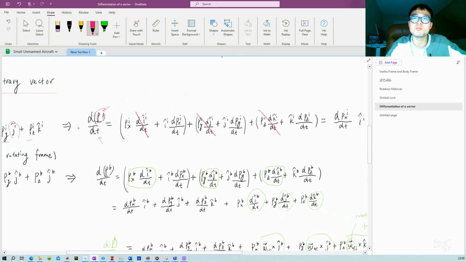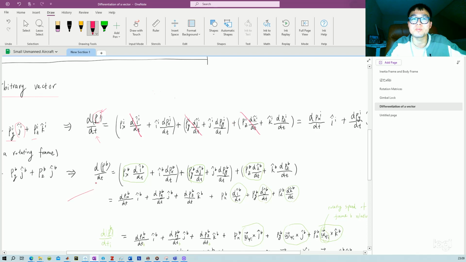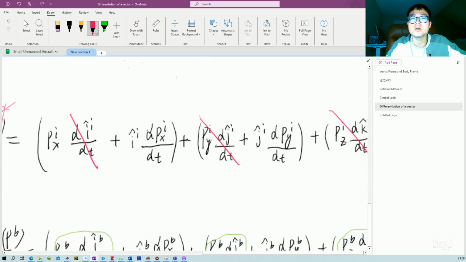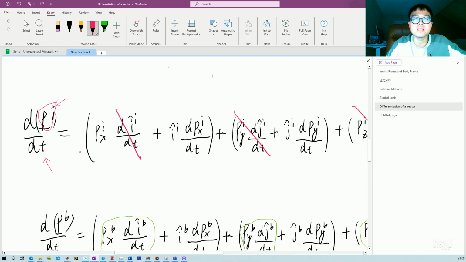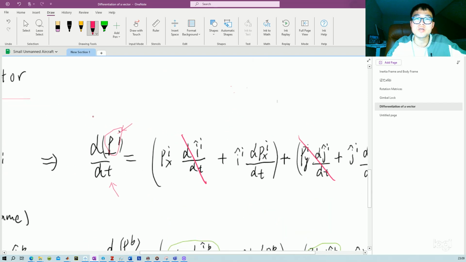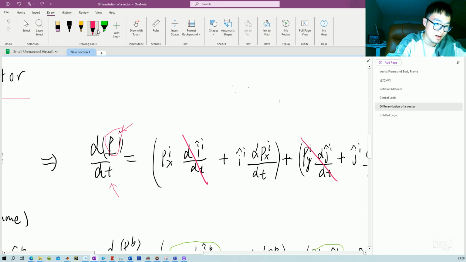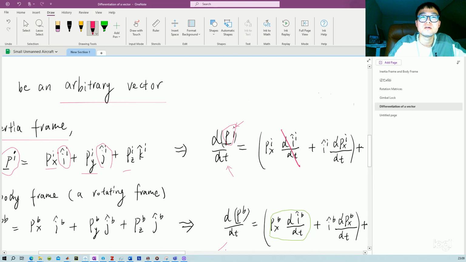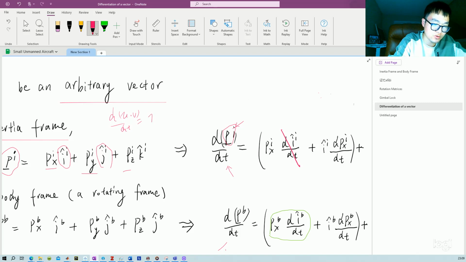It will become clearer when we derive this part, but essentially, when you take the derivative, there's a rule that if you have u times v, the time derivative of that equals u dv/dt plus v du/dt.